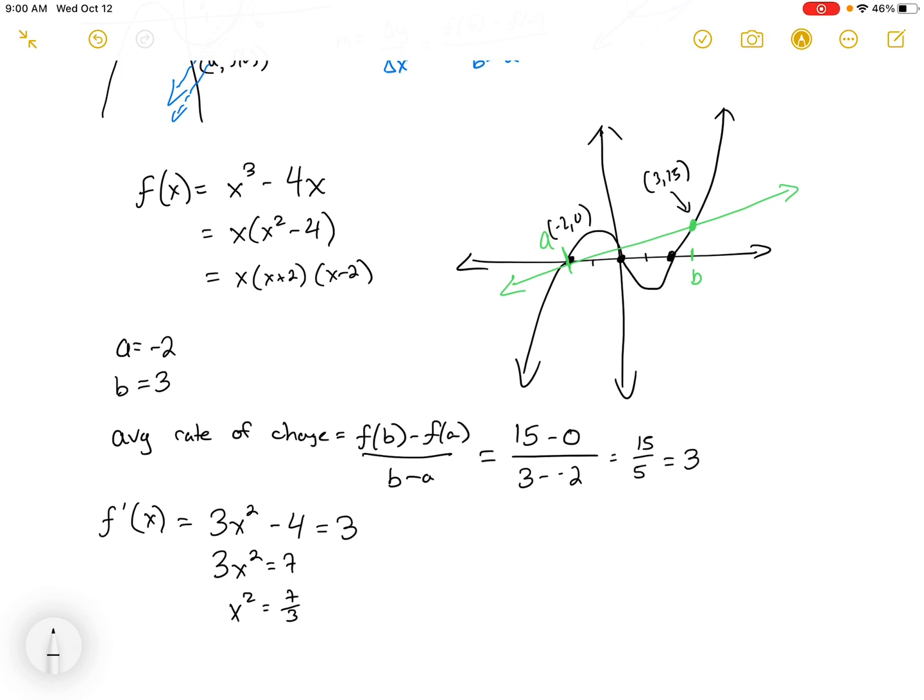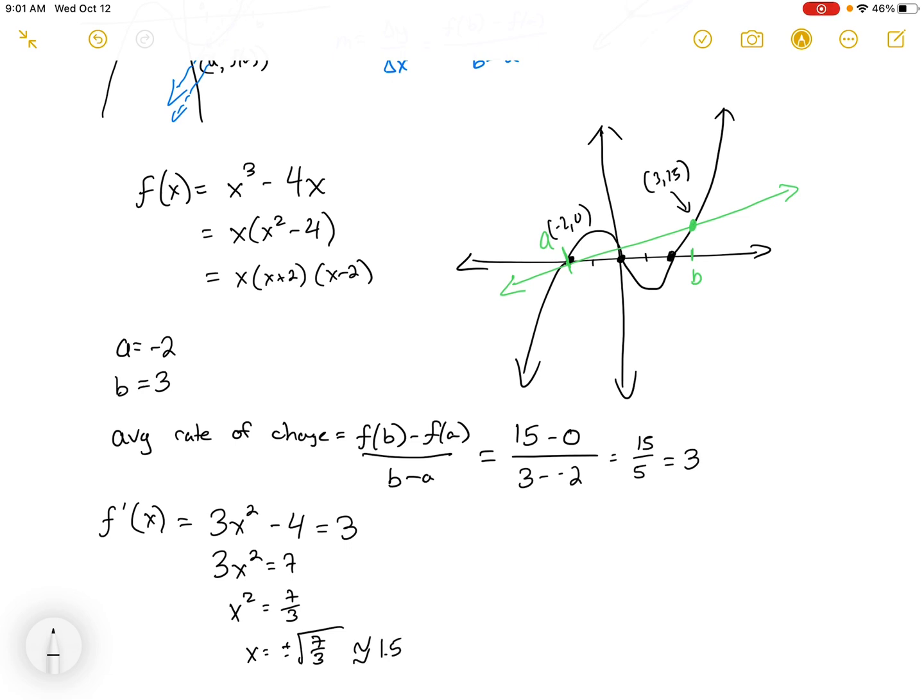We're going to get x equals plus or minus root of 7 over 3. Now, 7 over 3 is just a little bit bigger than 2. That's just 2 and 1/3. And if we were to take the square root of that, we're going to ballpark it. This is about 1.5.